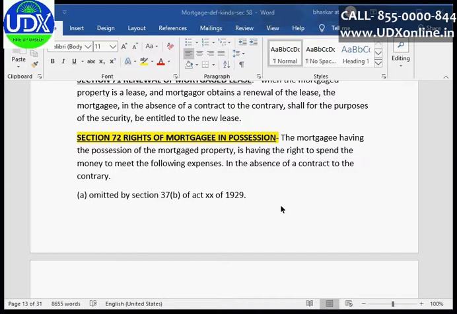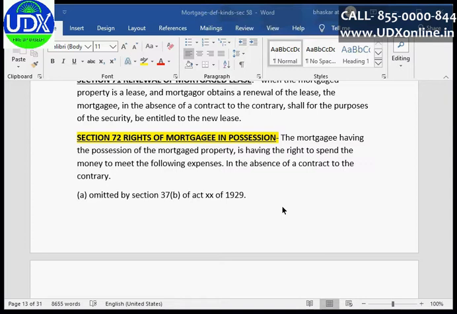When the mortgaged property is in the custody, in the possession of the mortgagee for the specified period, then both the mortgager and the mortgagee may not have entered into any special terms and conditions.